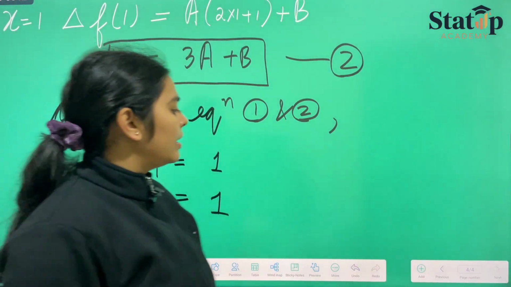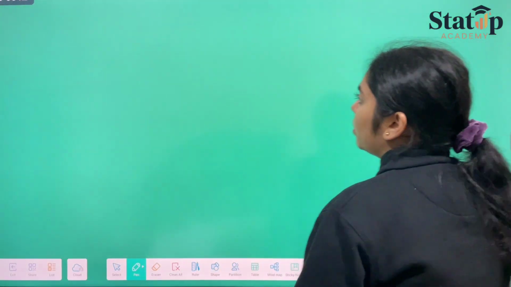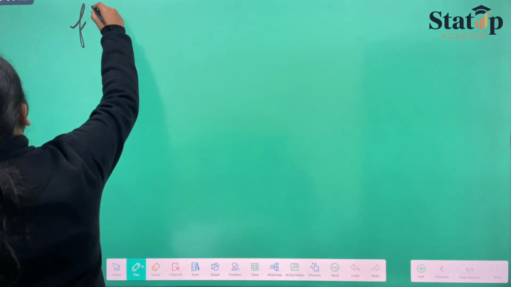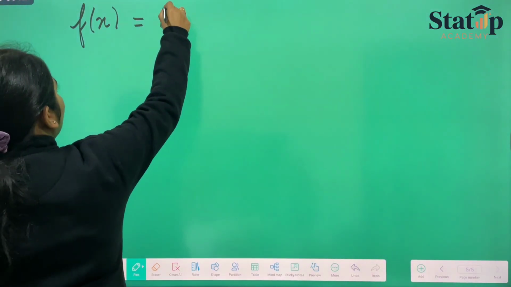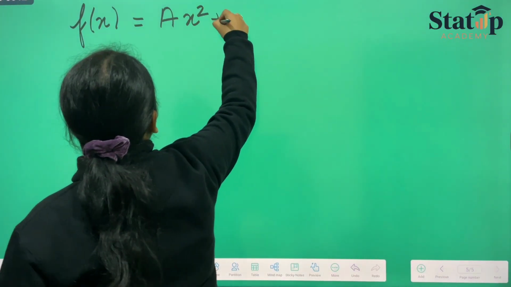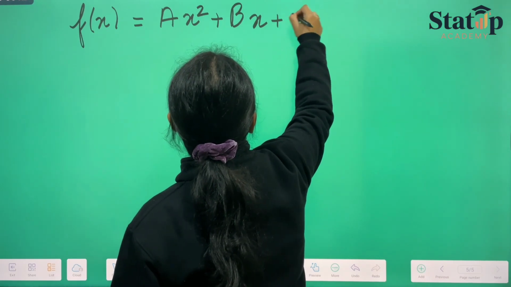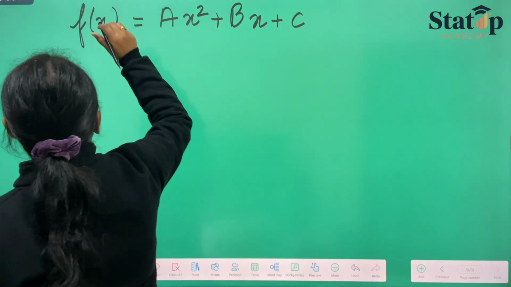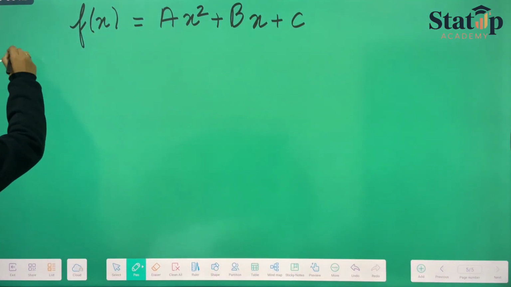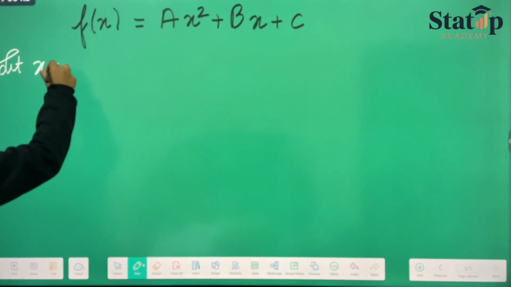Okay. Now, since the polynomial f(x) was ax square plus bx plus c, let x equal 0.